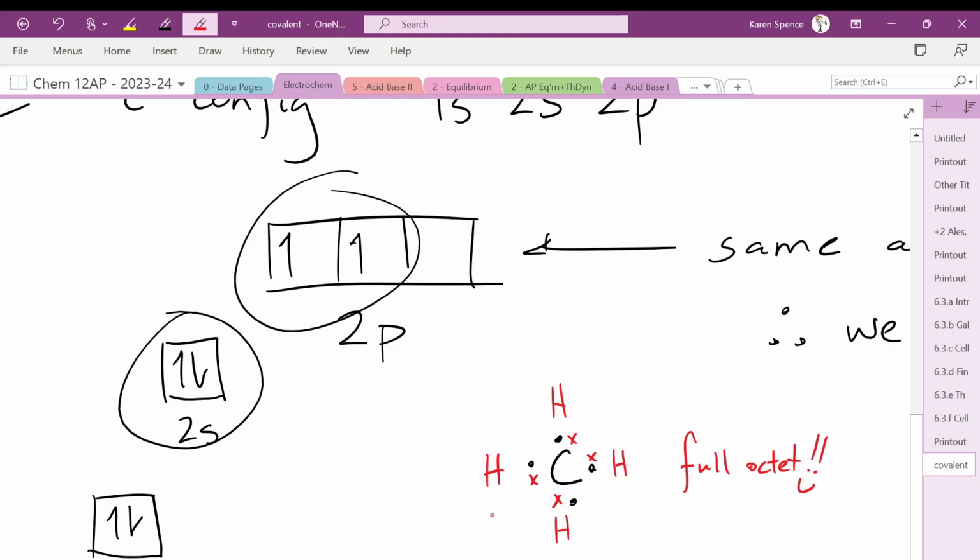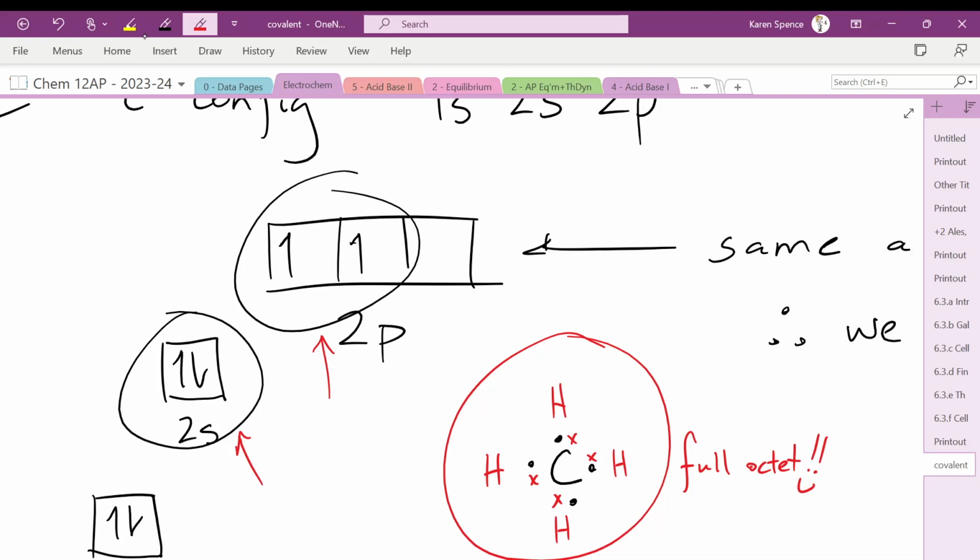But this little Lewis model is not really jibing with the orbital diagram, which says I have 2 paired electrons and 2 unpaired electrons. In order to make this structure, how many unpaired electrons do we want? 4. We want 4 unpaired electrons. 1, 2, 3, 4.